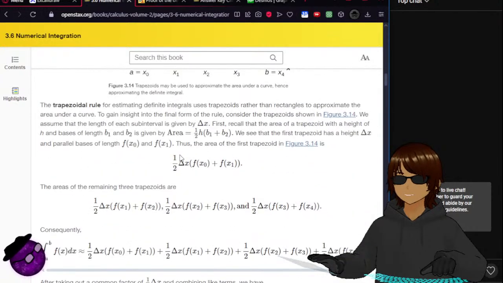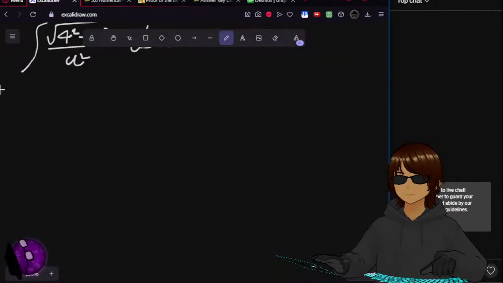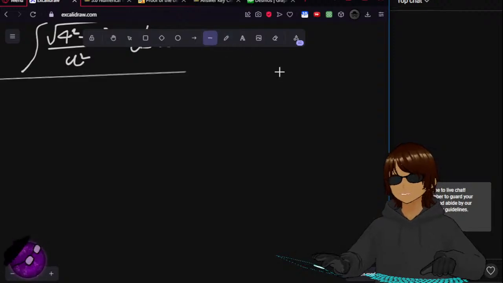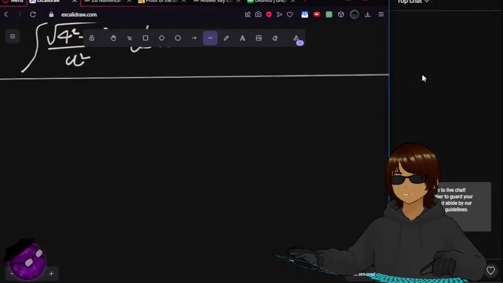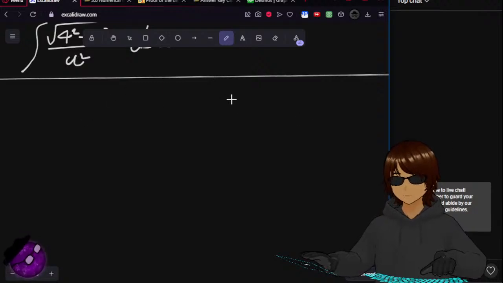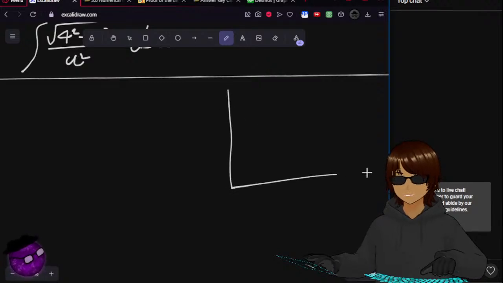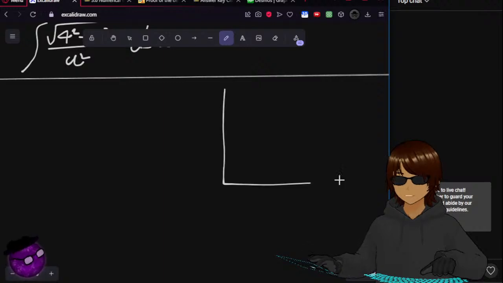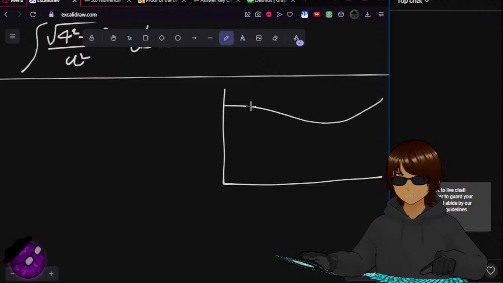Okay, the trapezoid rule. I'm going to just guess what the trapezoid rule is. I did the trapezoid rule when I was learning integration in grade 12 or 13. So here is a graph. Let's do this. We want to find the area. We take many trapezoids.